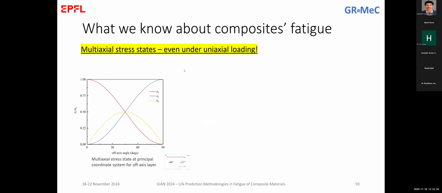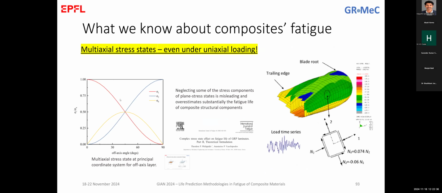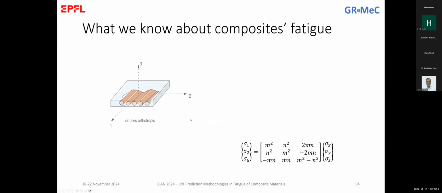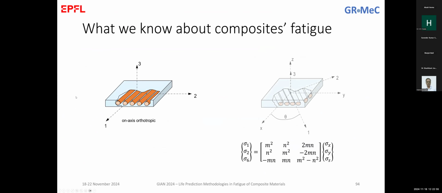Then we know also about composites that their performance is related to the multi-axiality, so to the stress components. You know, this is mechanics. It's not related to fatigue only. When we have on-axis loading along the fibers, then we have uniaxial stress states.